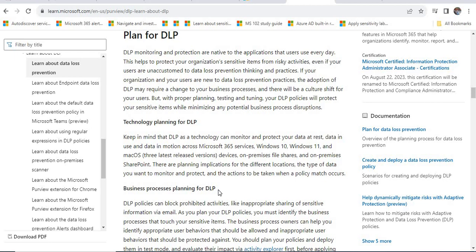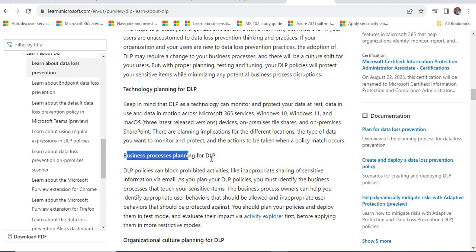You have to identify the devices used by your organization's users. Keep in mind that DLP technology can monitor and protect your data at risk, data in use, and data in motion across Microsoft 365 services, Windows 10 devices, Windows 11, and macOS. These are the devices used by your organization's users.